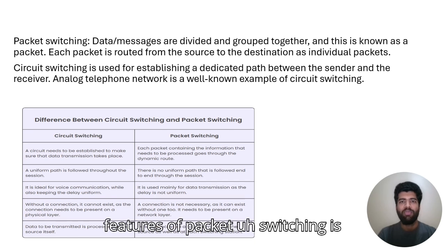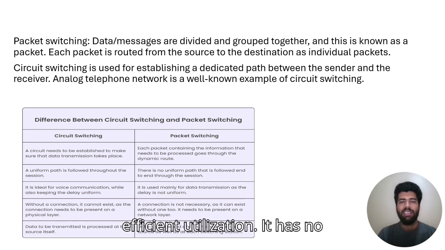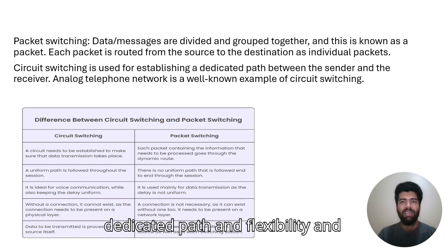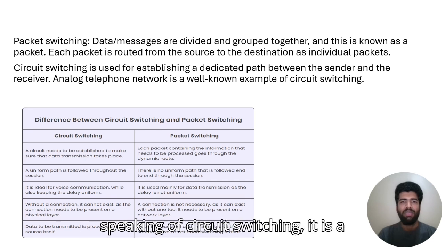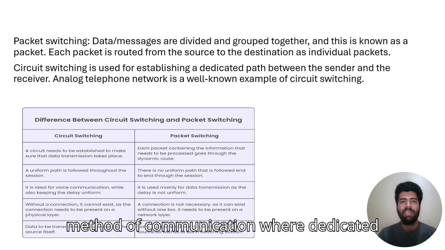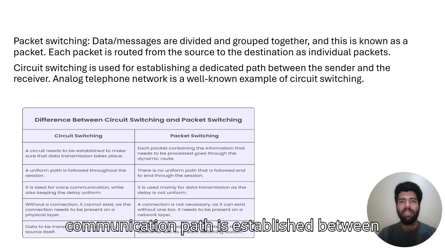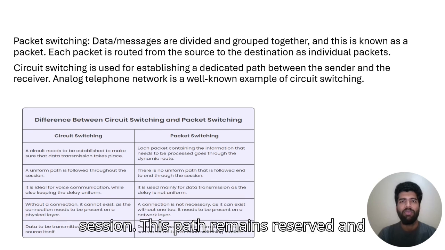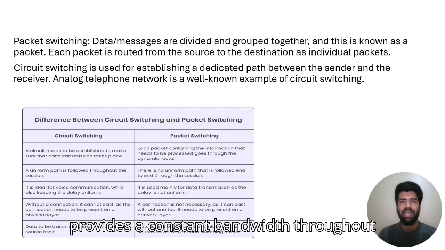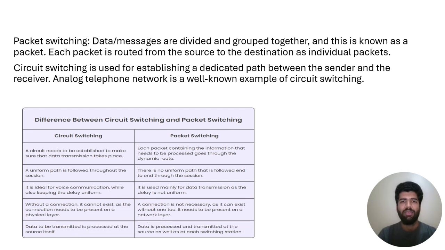The key features of packet switching are efficient utilization, no dedicated path, flexibility, and error handling. Whereas circuit switching is a method of communication where a dedicated communication path is established between two endpoints for the duration of the session. This path remains reserved and provides a constant bandwidth throughout the communication.